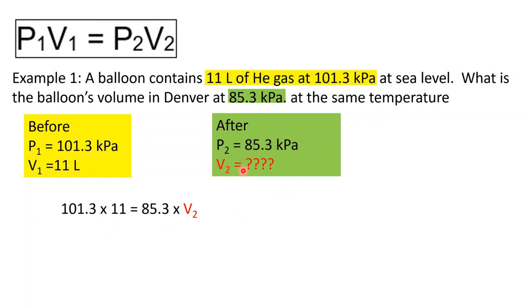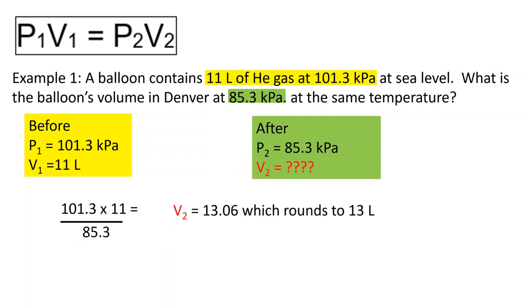Okay, now I've got to isolate V2. I'll do that by dividing both sides through by 85.3. And we end up that V2 is equal to 13.06, which rounds to 13 liters with sig figs. So, key thing here is identifying your beginning and your end.